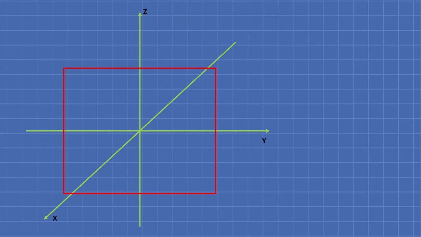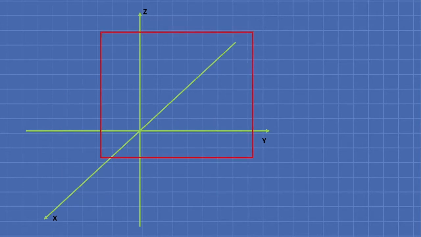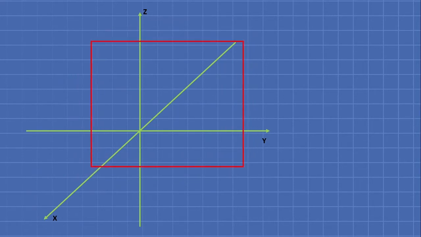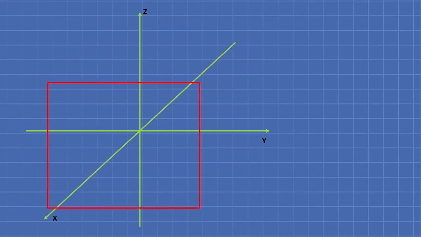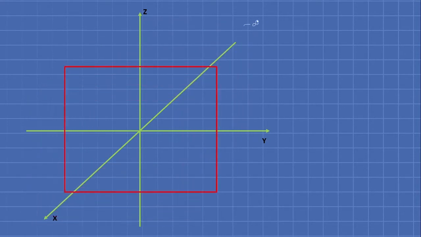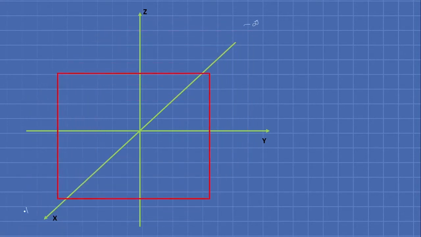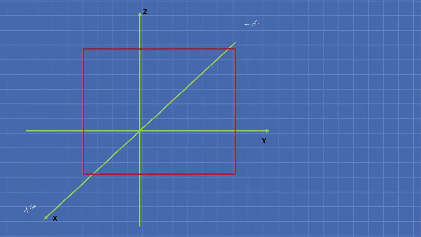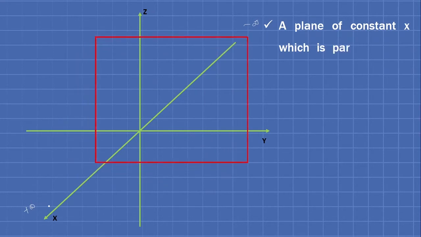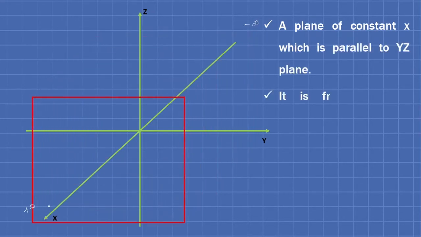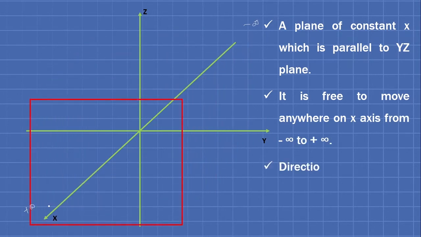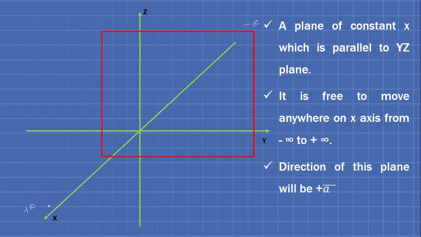If a plane is parallel to the YZ plane, then such a plane is free to move along the x-axis. That means it can move from minus infinity to plus infinity on the x-axis. So this is a plane of constant x, parallel to the YZ plane, free to move anywhere on the x-axis from negative infinity to plus infinity.